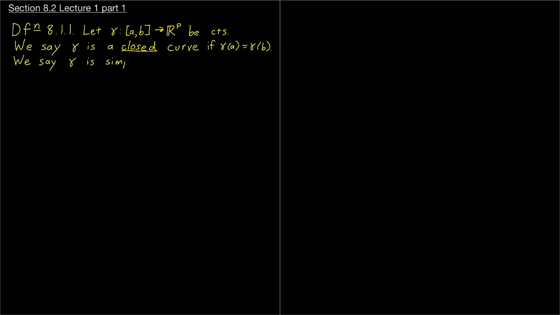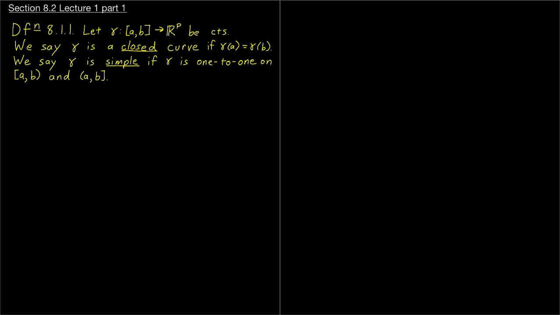So gamma is simple if gamma is 1-to-1 on the two intervals [a, b) and (a, b]. So the only time you're allowed to have two points in the interval map to the same point in R^p is if they are the two endpoints.